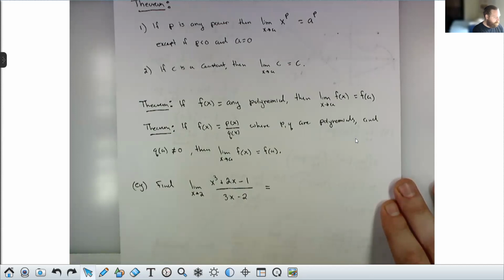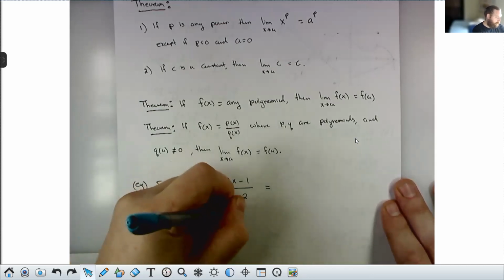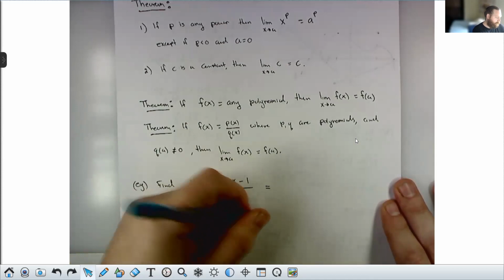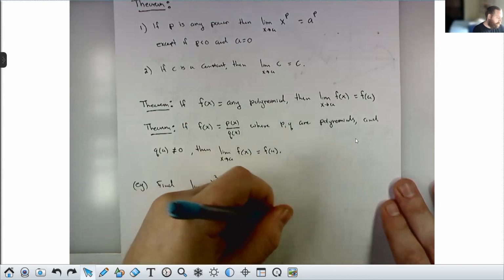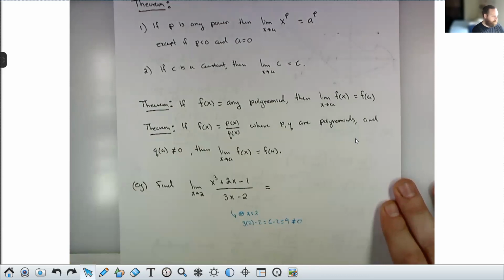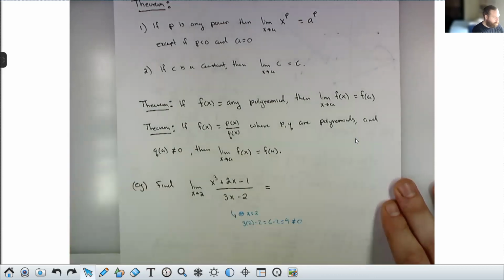So 3x minus 2, if I evaluate this at x equals 2, we get 3 times 2 minus 2, which is 6 minus 2, which is 4, which is not 0. According to this theorem, that means I can take this limit just by plugging 2 in for x everywhere.